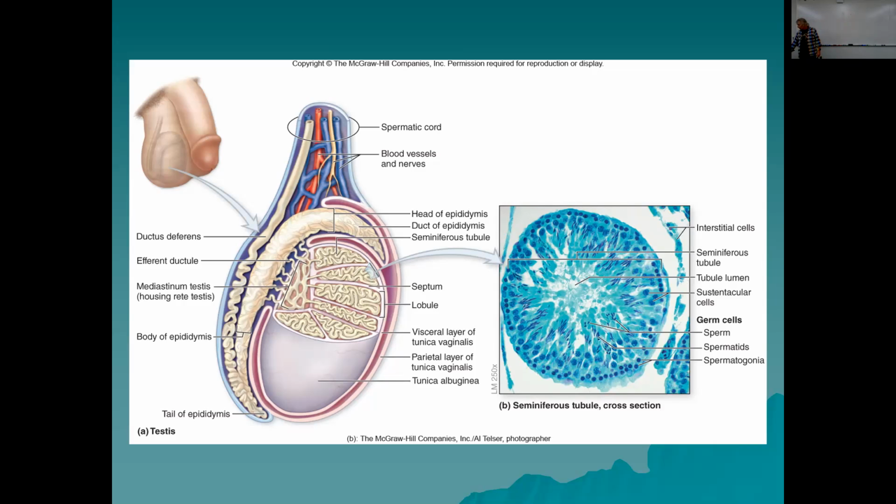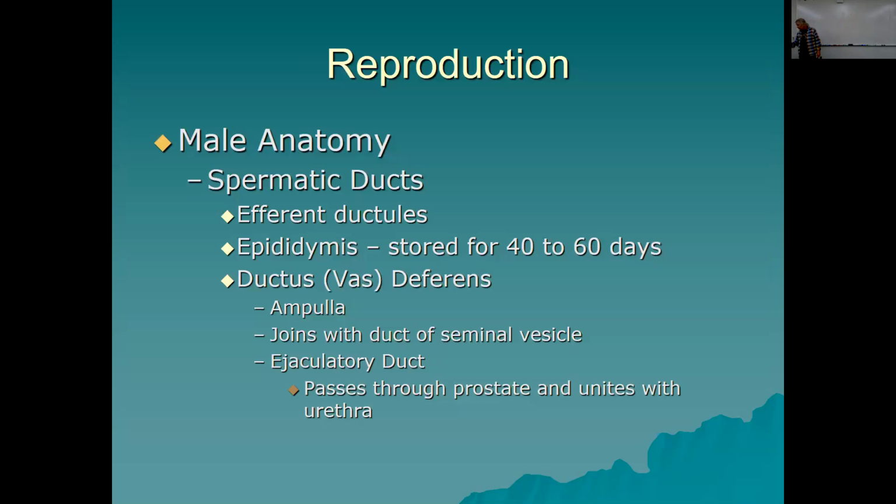So the seminiferous tubules lead to the efferent ductules and the mediastinum testis. They lead into the epididymis, where sperm can be stored for 40 to 60 days.